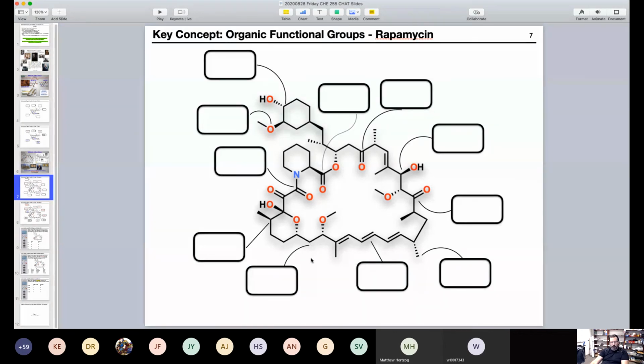What would we call this one? It's not tertiary anymore. Yeah, it's secondary, so it's methylene.